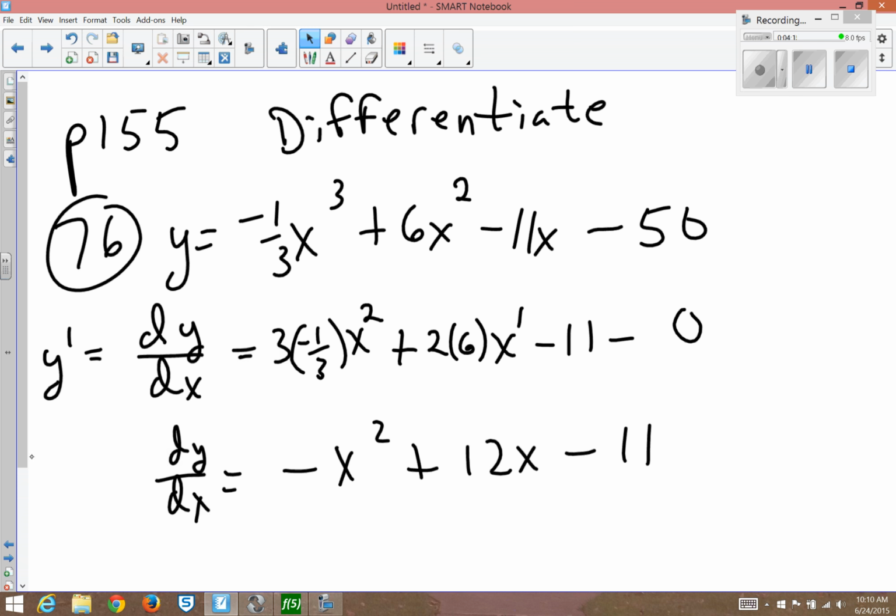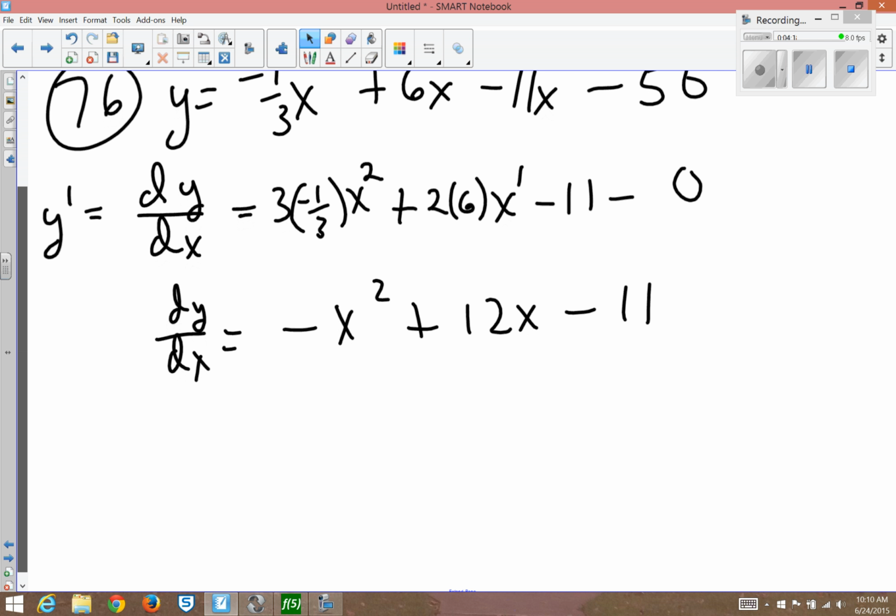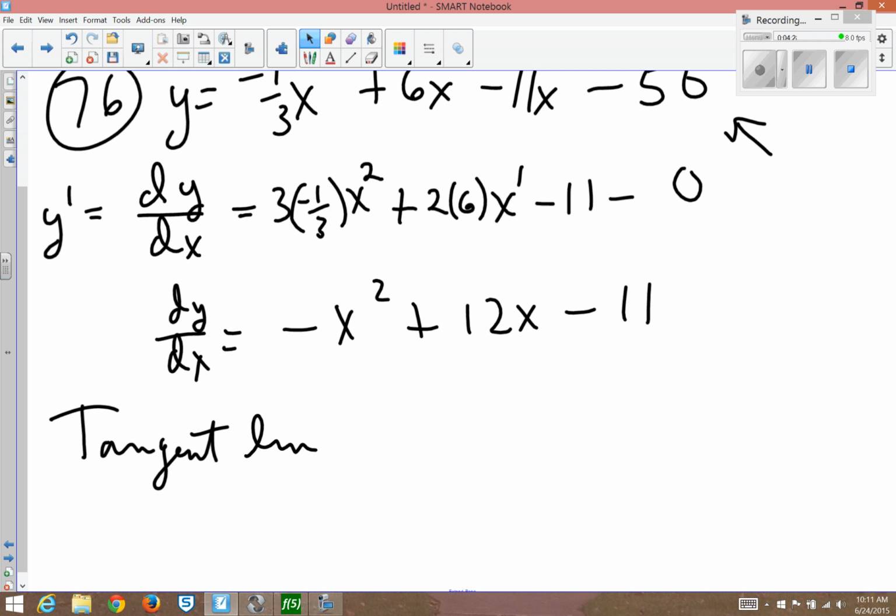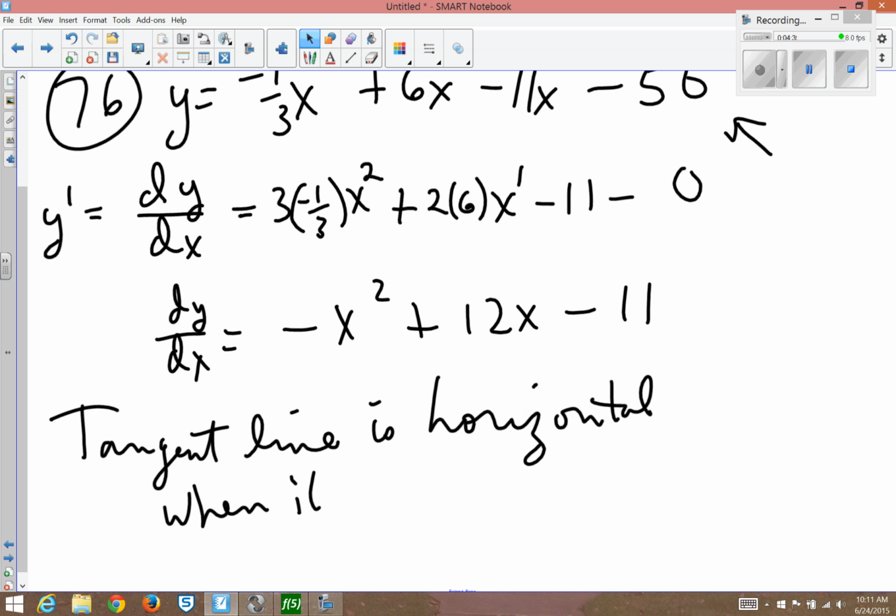So the question here is to find the points on the graph of the original function where the tangent line is horizontal. A tangent line is horizontal when its slope is 0.